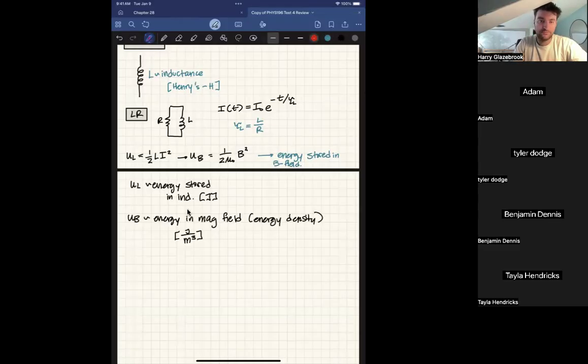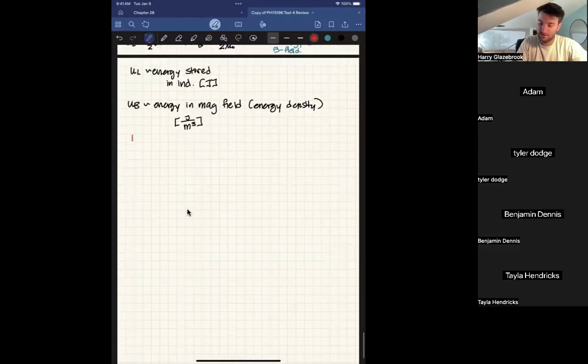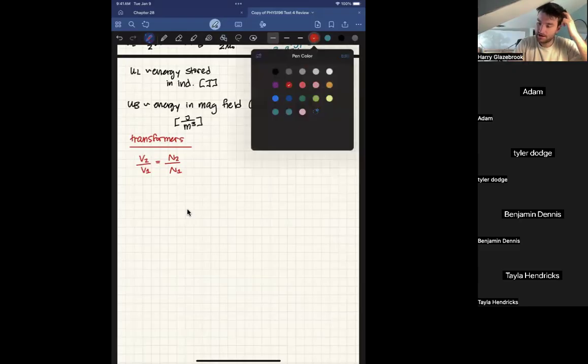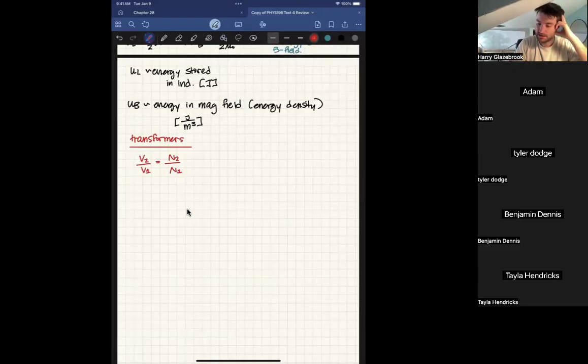Oh, rip. I did not put transformers. Let me put a little note about transformers. Thank you for reminding me. Transformers may show up, but they're not too hard. Basically you'll have 2 transformers, and one of them is going to be operating at potential 2, the other is at potential 1.